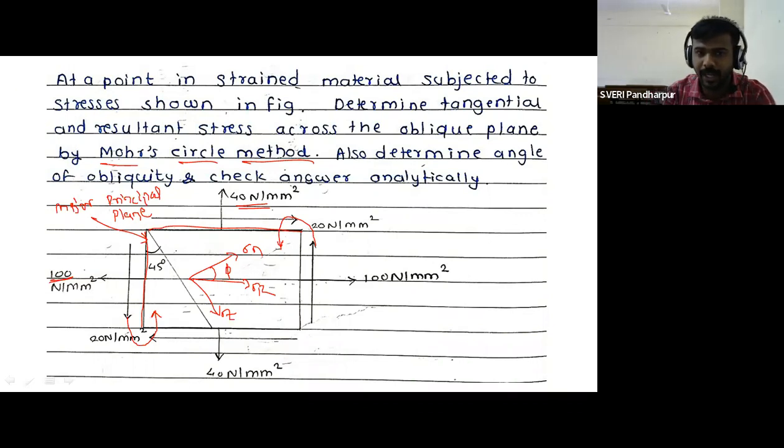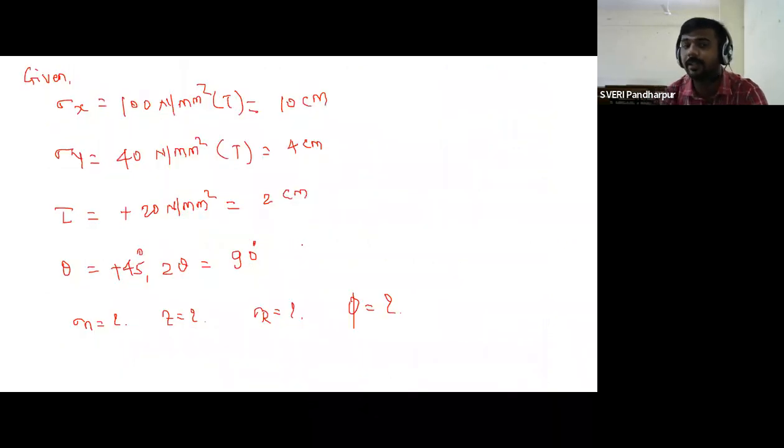Now, this particular shear stress value, that is 20 Newton per mm square, and the 20 Newton per mm square on minor principal plane, we have to represent from the point A and from point B. So before that, you just write down the sign conventions for the graphical method. Write down at the top of your notebook.